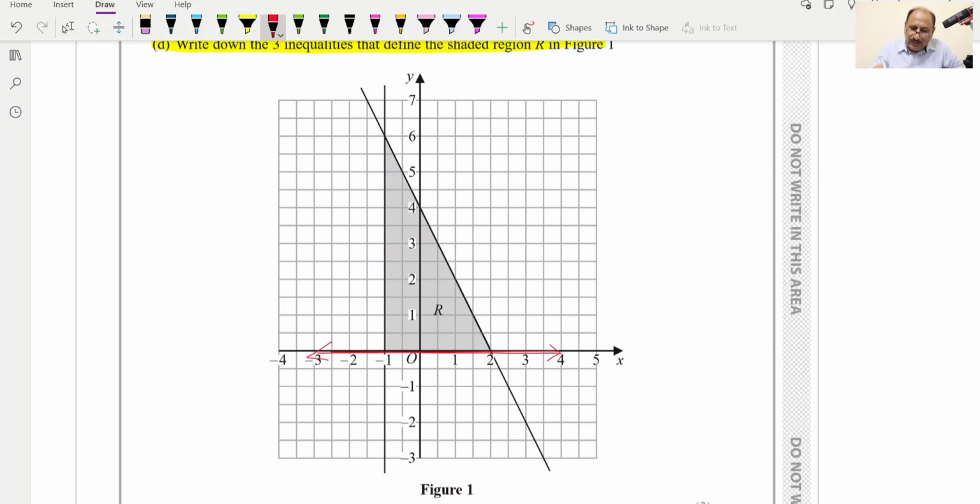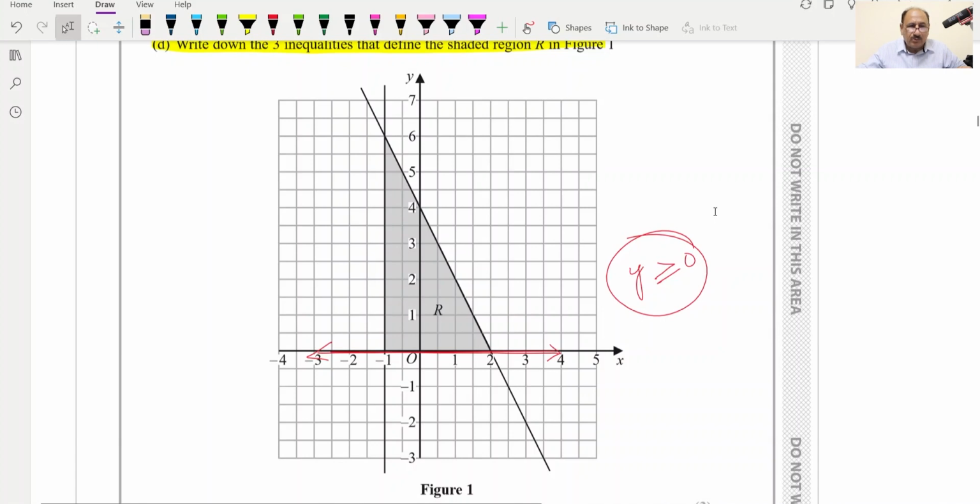They are saying shaded region R, so the inequalities that define the shaded region. So we can write one inequality as y is greater than or equal to 0. So y is greater than or equal to 0 is this whole shaded portion, basically this whole upper portion.